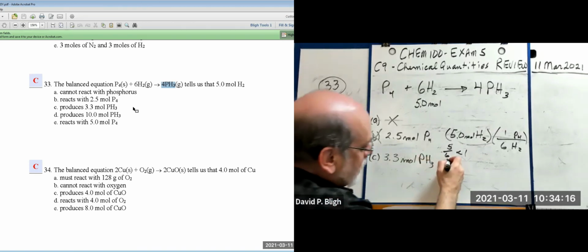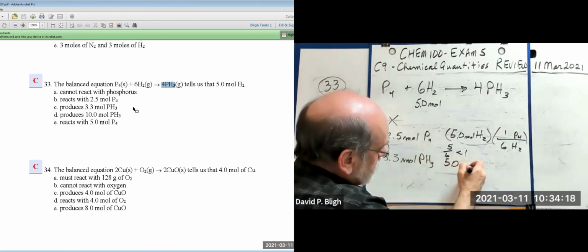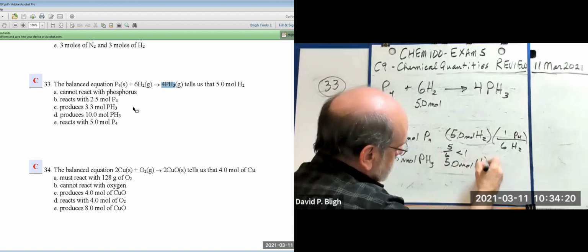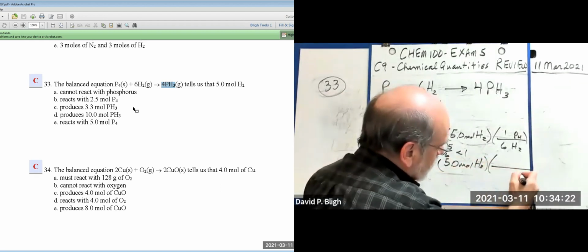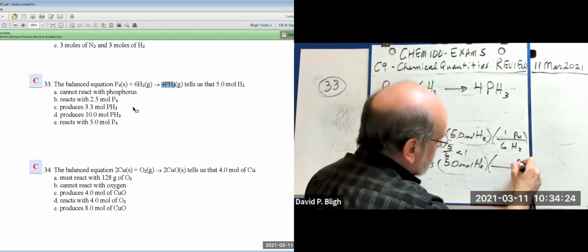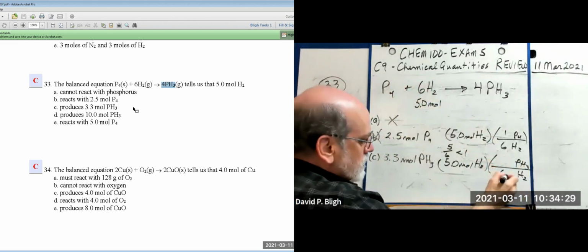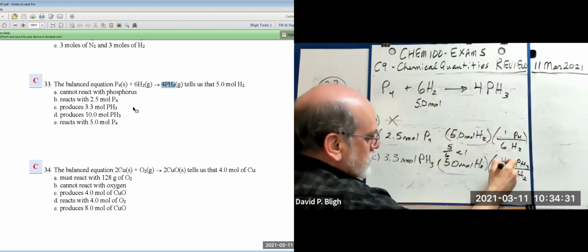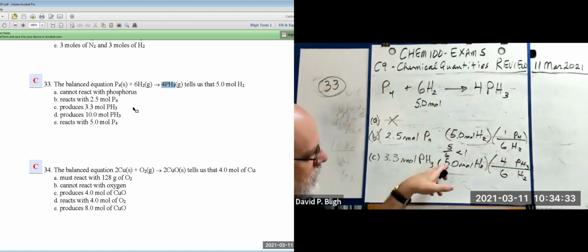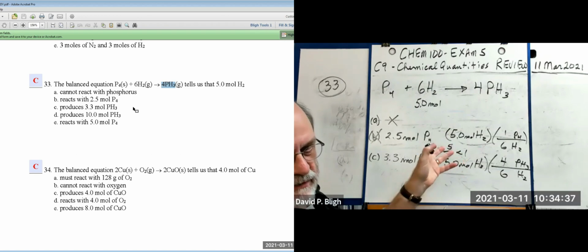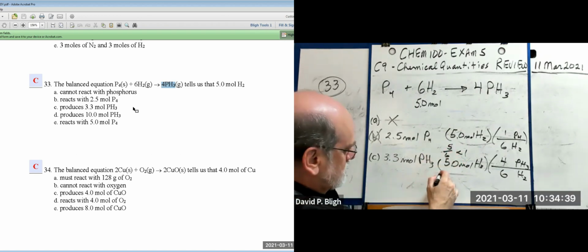All right, so we got 5 moles of hydrogen. We're going to convert that to PH3. So what's the ratio? 6 of these and 4 of those. So 2/3 of 5. 4 times 5 is 20 divided by 6.